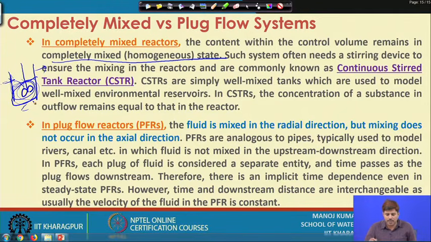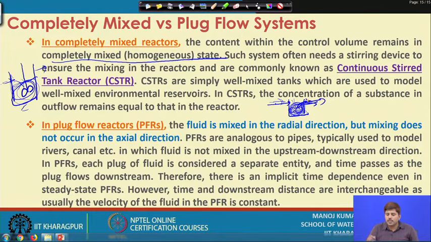So, what we have is, let us say, something coming into the system and something leaving the system. You may have a higher load coming into the system, but as soon as it enters the system it becomes homogeneously mixed, and what leaves the system is the content that is there in the reactor.